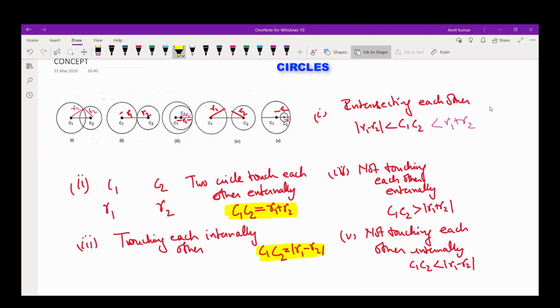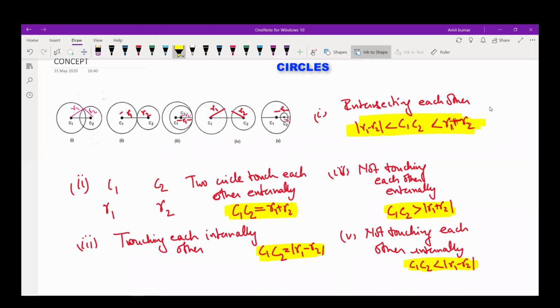From diagram 4, if these two circles are not touching each other externally, then C1C2 is greater than R1 plus R2. And in the fifth case, the distance between the two centers is very small, even less than mod of R1 minus R2. But in the first case, when two circles are intersecting each other, the distance between C1 and C2 lies in between R1 plus R2 and mod of R1 minus R2. So this is the condition for intersection.